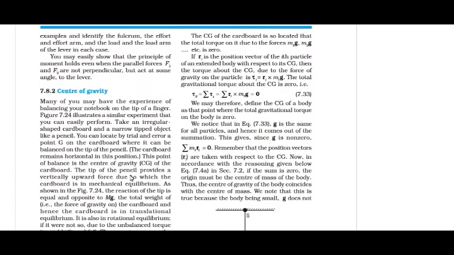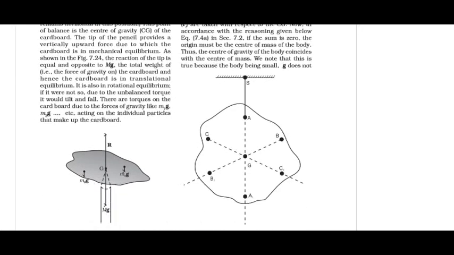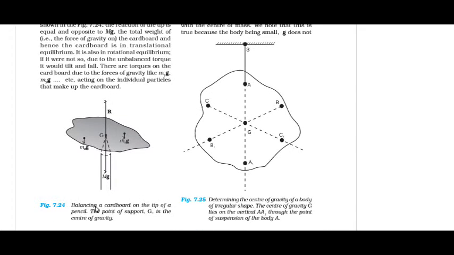The tip of the pencil provides a vertically upward force due to which the cardboard is in mechanical equilibrium, as shown in figure 7.24. So let us see figure 7.24. Balancing the cardboard on the tip of a pencil, the point of support G is the center of gravity.